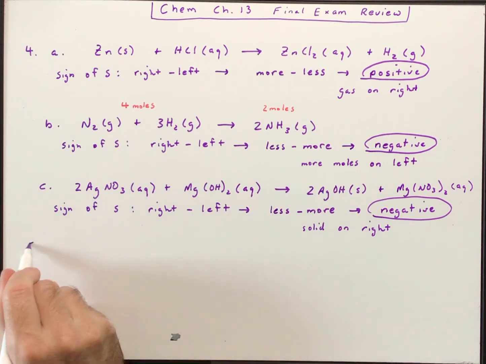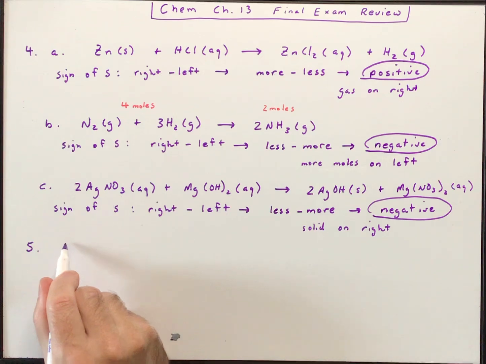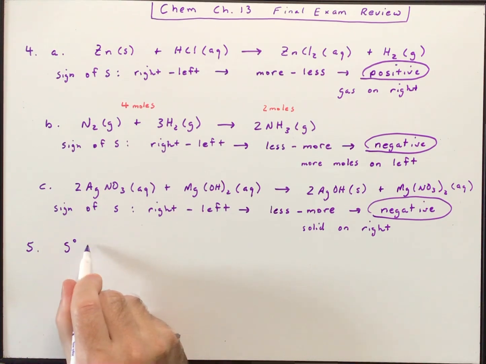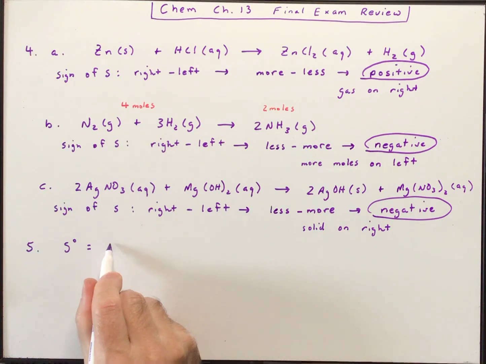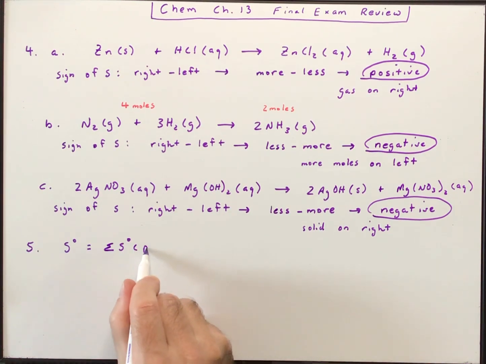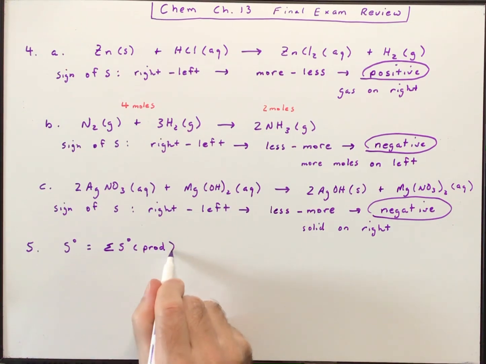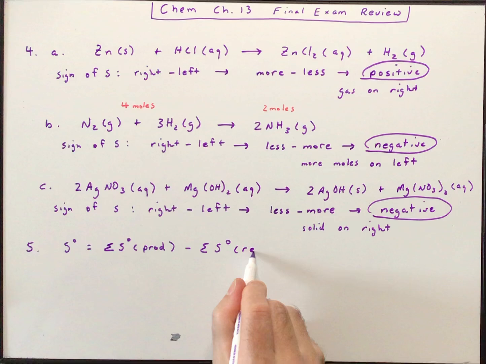Let's go ahead and do a mathematical problem about entropy. We know that the change in entropy is equal to the sum of the entropies of the products minus the sum of the entropies of the reactants.